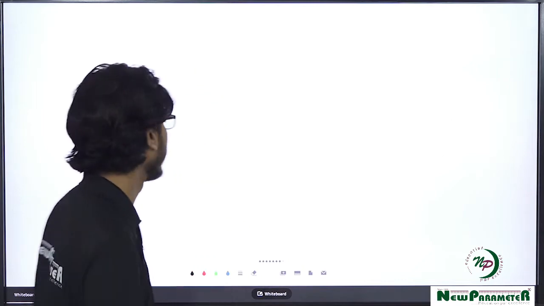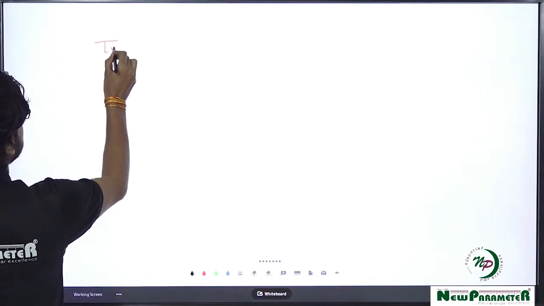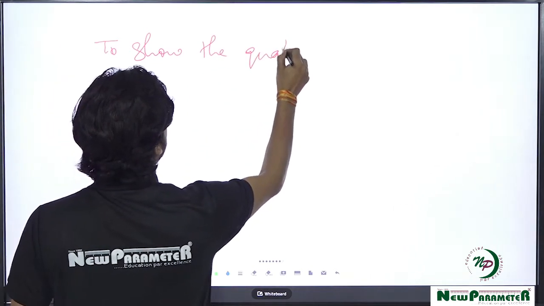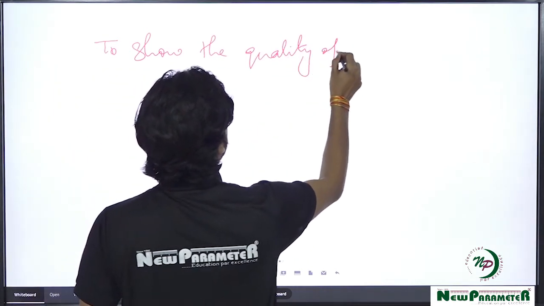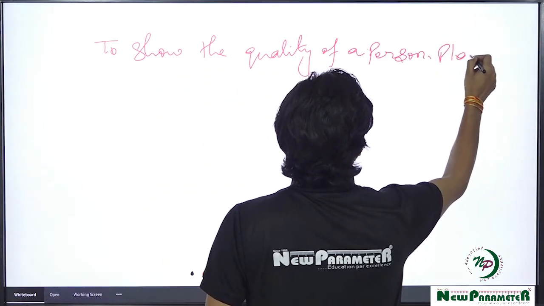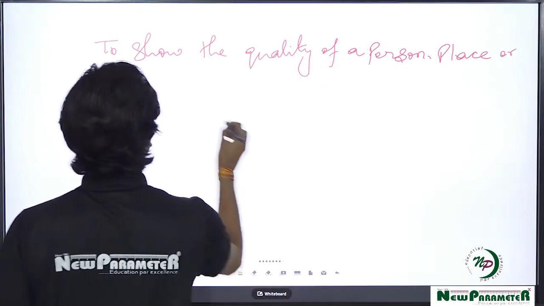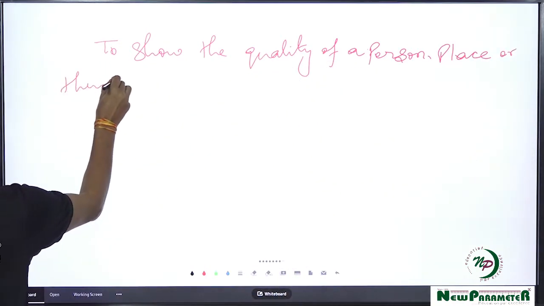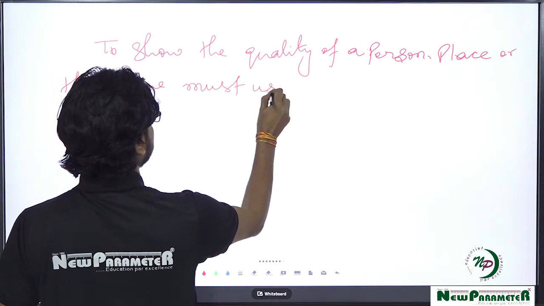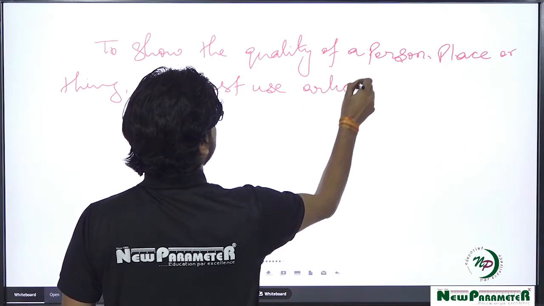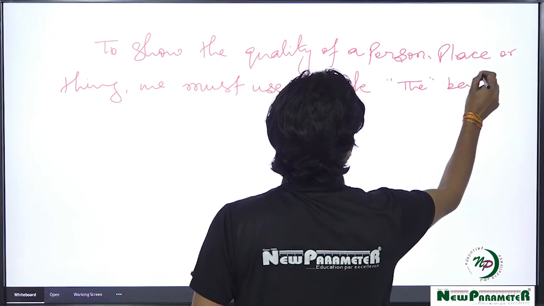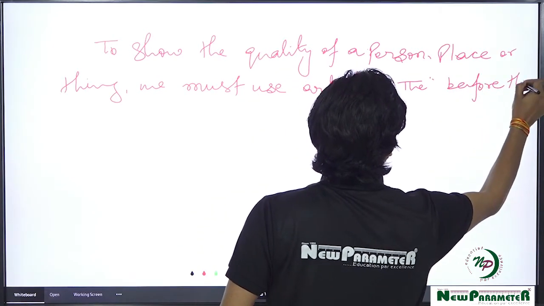Say for example, to show the quality of a person, place or thing, we must use article the before that.